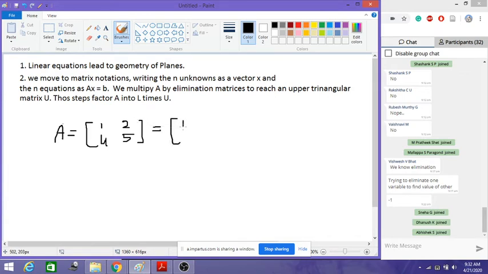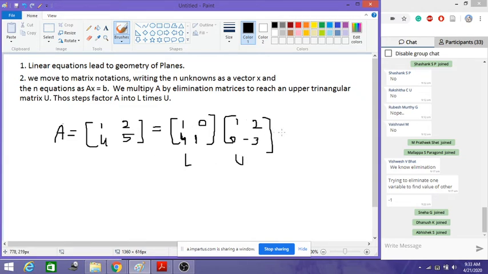That means I can write this as 1, 4, 1, 0. Now this is the lower matrix, times the upper matrix, 1, 2, 0, minus 3. These are written to obtain this. It is not obtained from something; it is managed to write these matrices, L and U, so that we can obtain A.